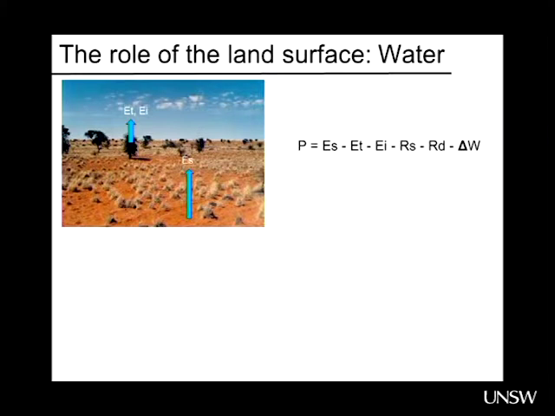Water that's been intercepted by a leaf and evaporates. If you don't know what that is, go stand under a tree in a rainstorm and discover that you stay dry because the leaves are very good at capturing the precipitation. Don't do it in a lightning storm because trees are also good conductors of lightning. Surface runoff, that's water flowing over the surface. Runoff draining down into the soil and any change in soil moisture.